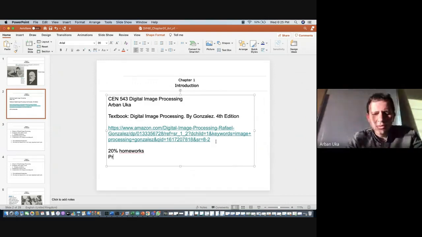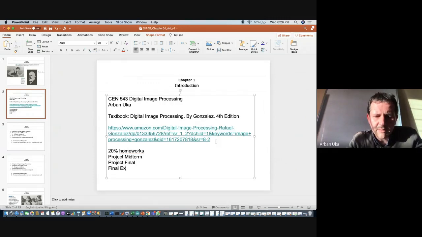And we're going to have a project for this course. This project will have a midterm stage. It will also have another stage at the final exam. And I want to have a final exam, which will be written, and this written final exam is going to be around 20%.